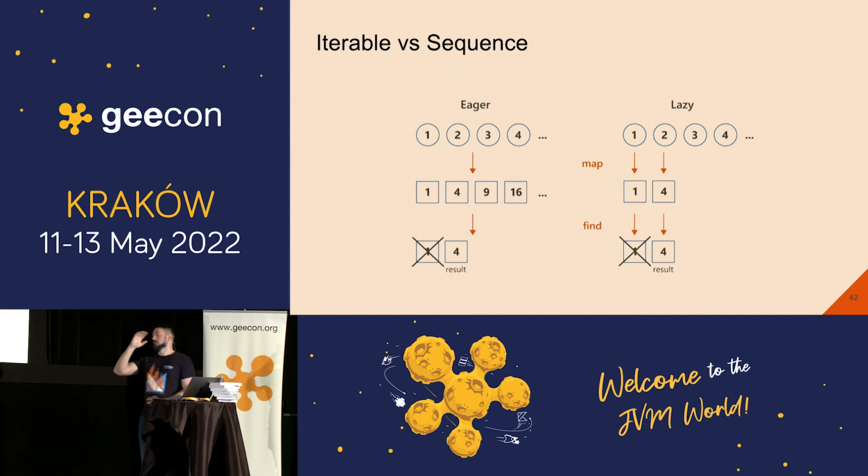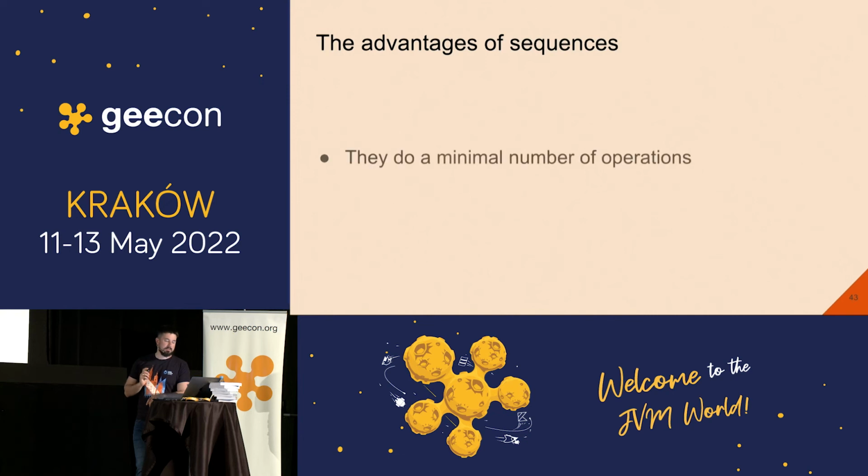So if you need to first map and then find, when you use a list, you will map all the elements and then find in the result. If you use a sequence, you are first mapping the first element, finding not, okay, mapping the second one, found it, perfect. That's it, okay? That's why sequences do the minimal number of operations, which collections by their nature cannot do.